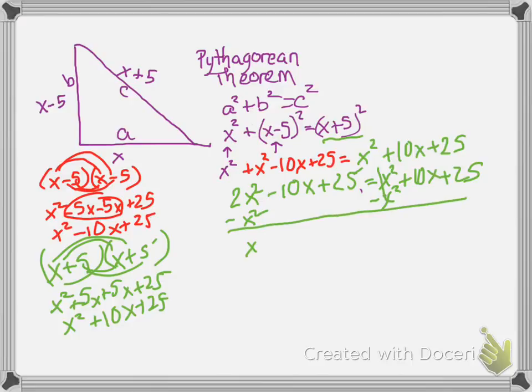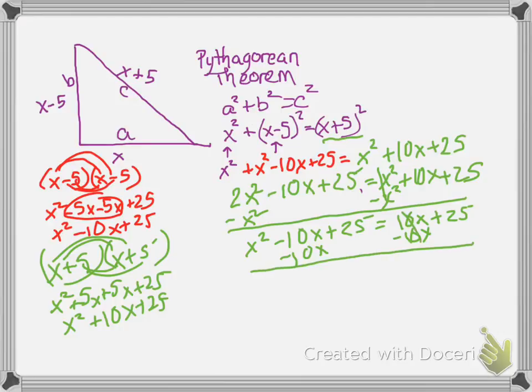Now I have x squared, because 2x squared minus 1x squared makes 1x squared, minus 10x plus 25 equals 10x plus 25. I'm going to subtract 10x to get all my values on one side. That's going to give me x squared minus 20x plus 25 equals 25.